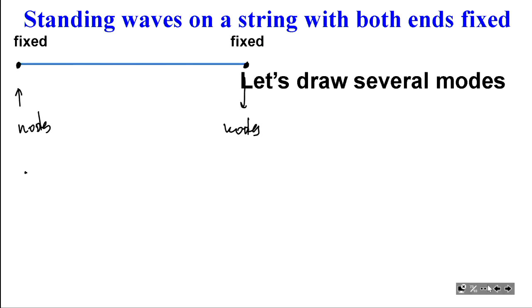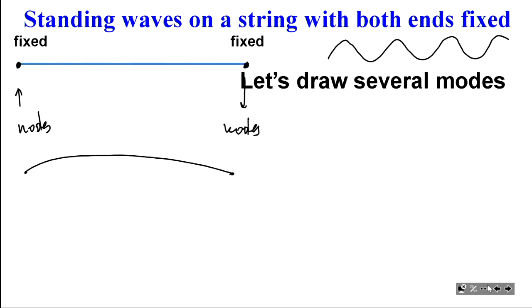The first profile would look like this. Well, again, we should keep in mind how any wave looks like, something like this. If the length of this string is L, this is not a wavelength, this is a half of it. L equals 1/2 of a wavelength.